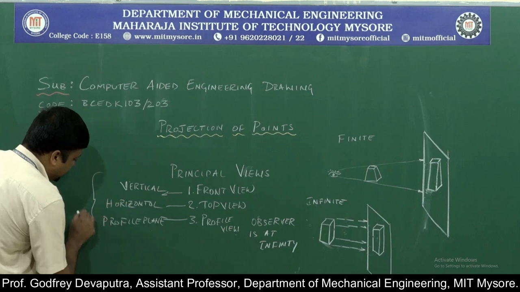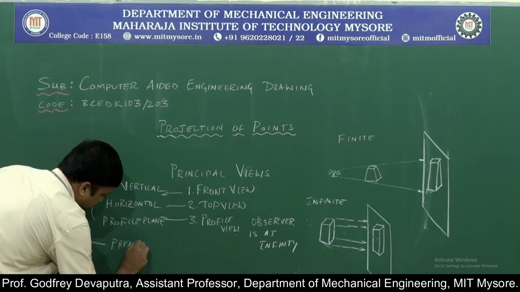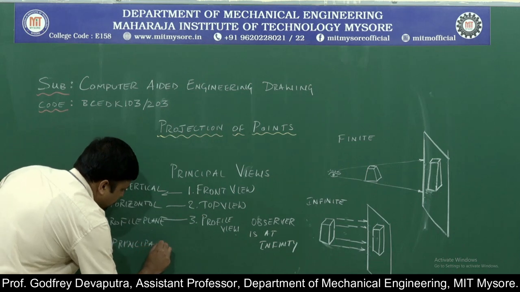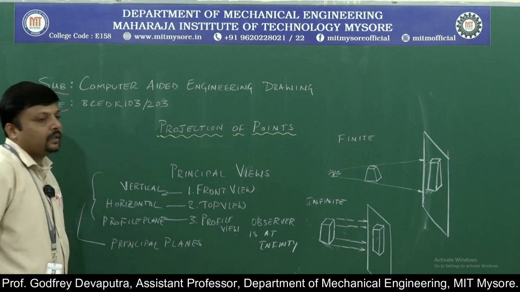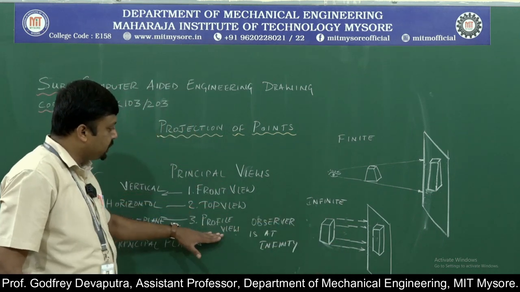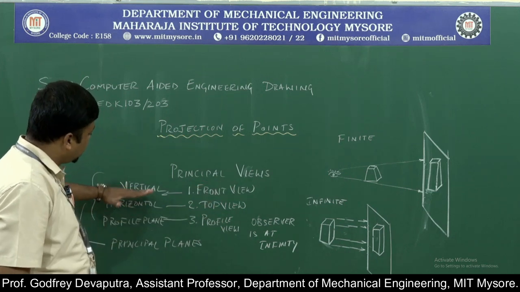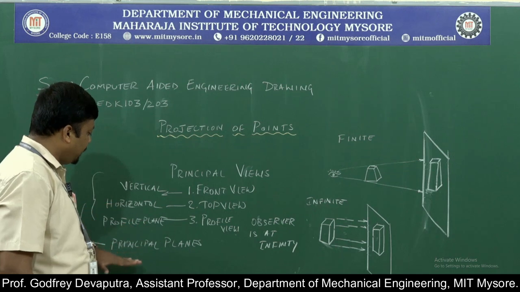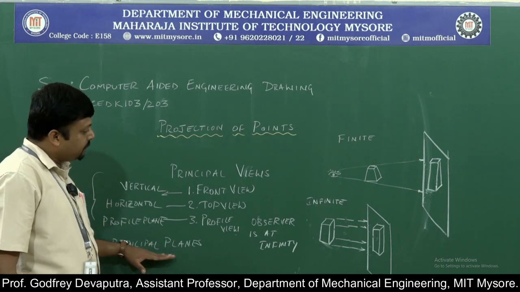And these three are called as principal planes. So orthographic projection basically gives you different views called as principal views, which are respectively available on vertical plane, horizontal plane and profile plane, and these three planes are called as the principal planes.